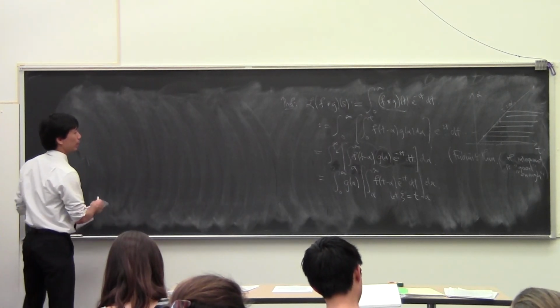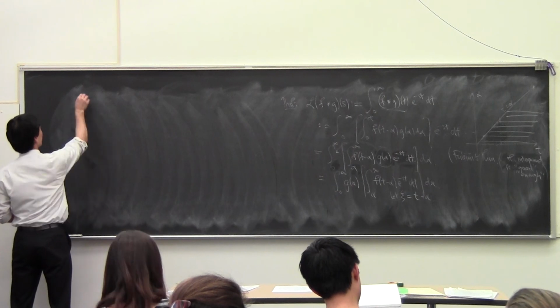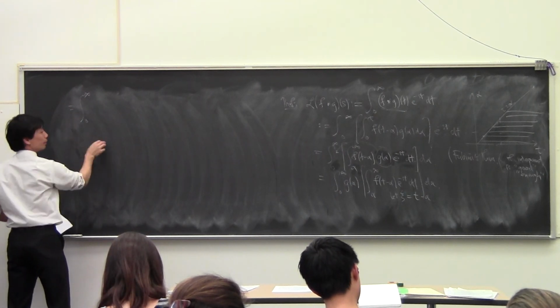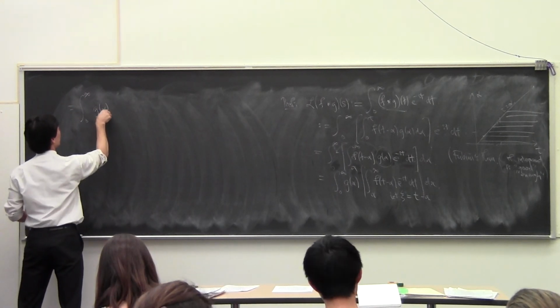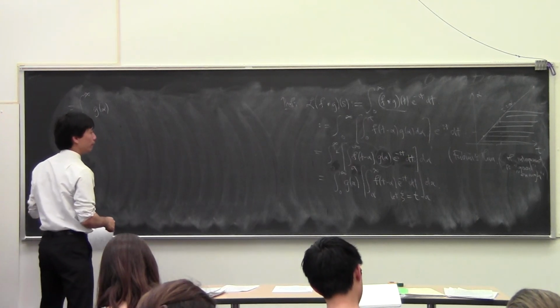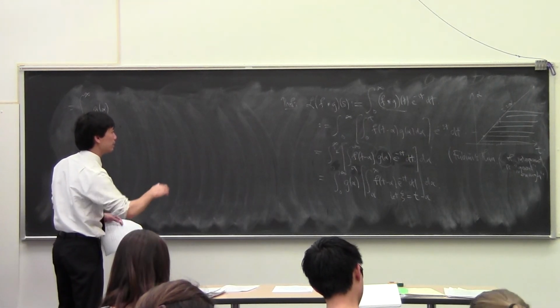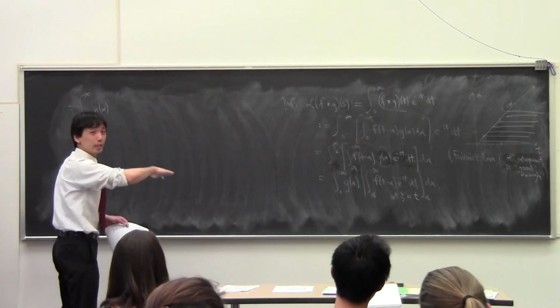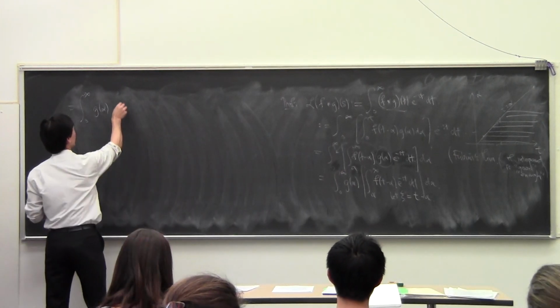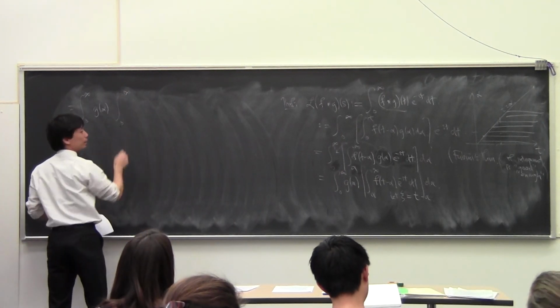You get the integral from 0 to infinity of g of alpha. As t ranges from alpha to infinity, c is going to range from 0 to infinity.